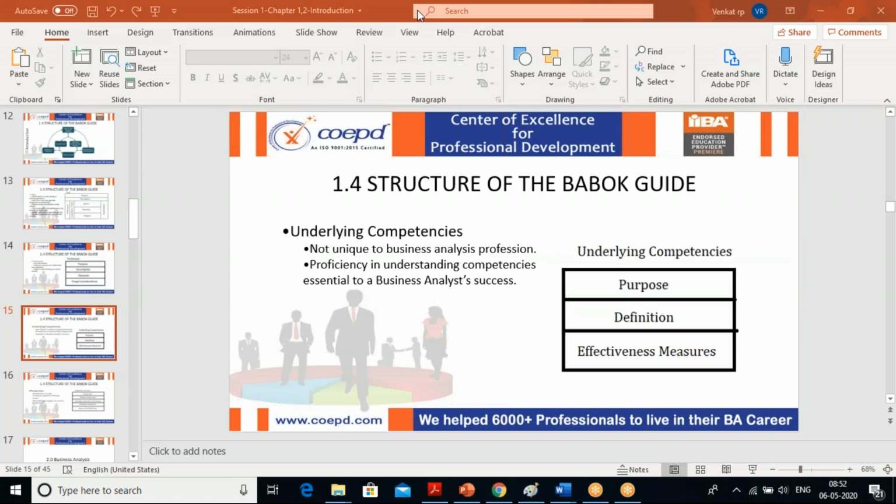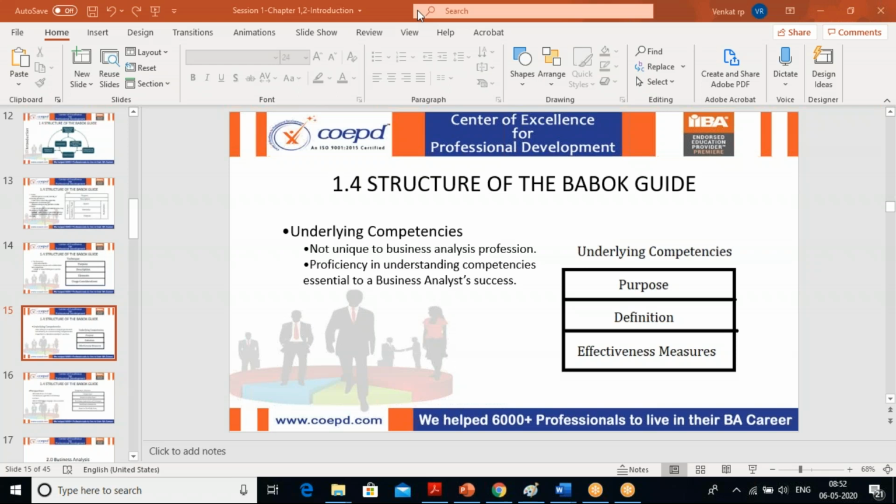So these are the underlying competencies which we are going to discuss here. This is the skill set which a business analyst should have to do our activities. The structure of each underlying competency is given this way: first a purpose, then the definition, and effective measures.